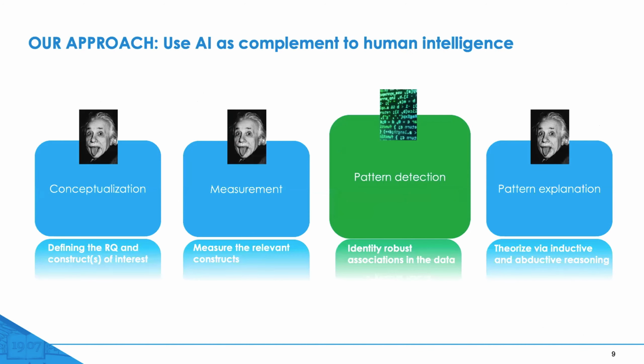So with that in mind, we are trying to propose an approach that integrates machine learning algorithms for pattern detection. We are not saying that machine learning will replace human intelligence in the entire process, but we are suggesting that for the particular step, pattern detection, machine learning could be very useful.